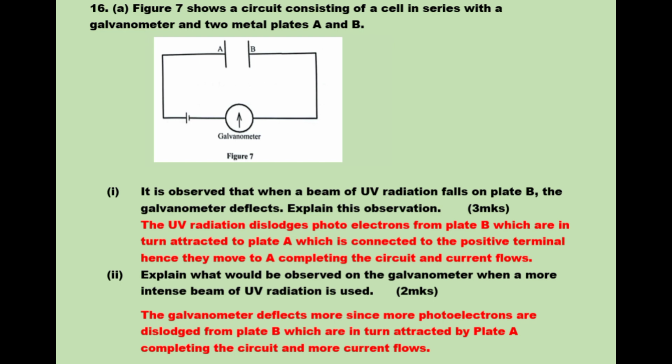The reason is that if you use a more intense beam of UV, even more photoelectrons will be dislodged, and the more photoelectrons there are, the more are attracted, completing the circuit and causing more current to flow.